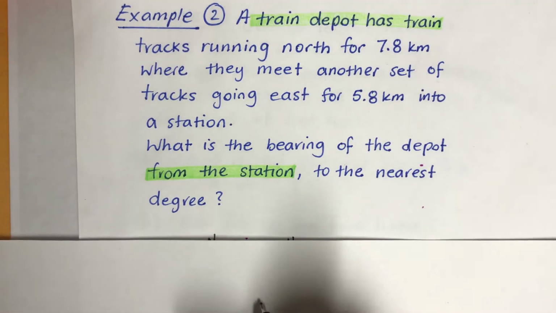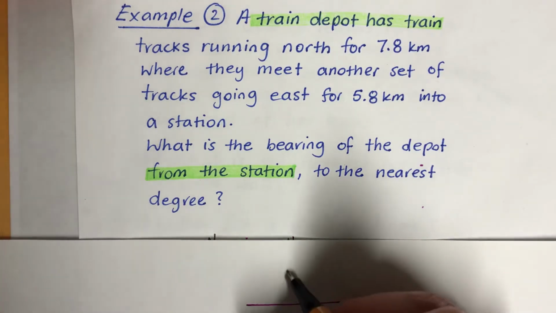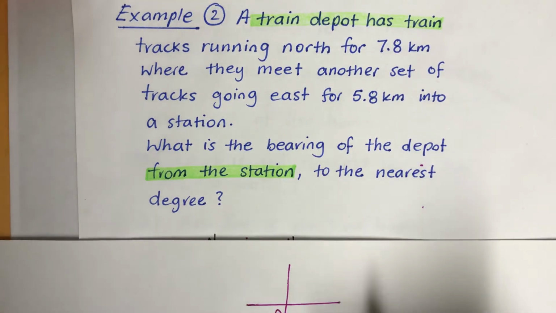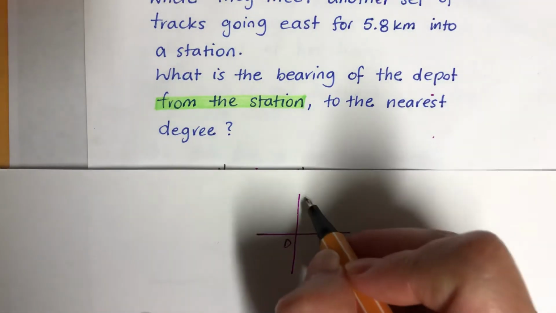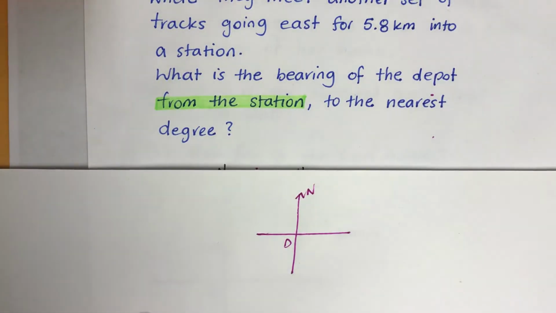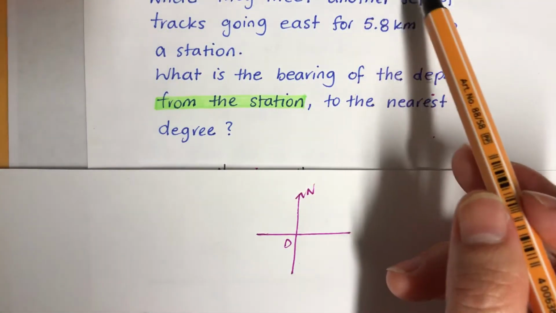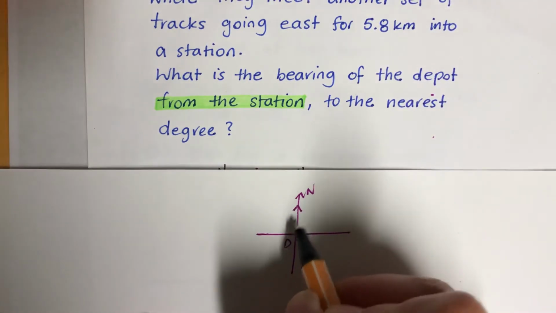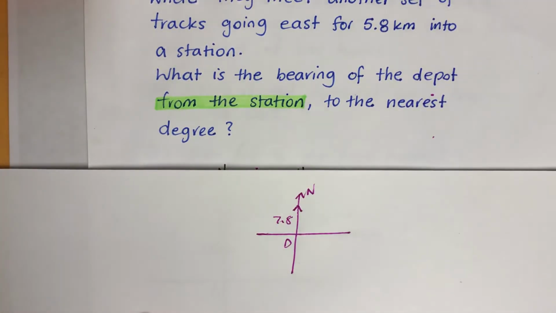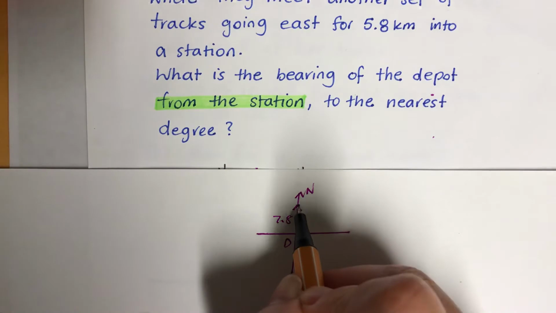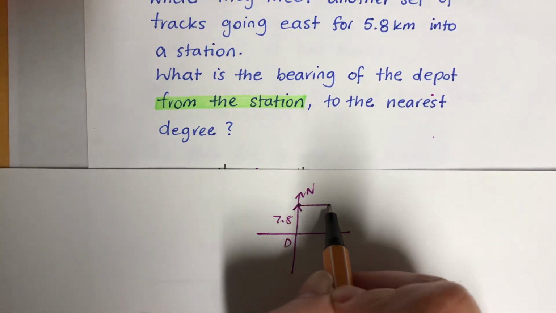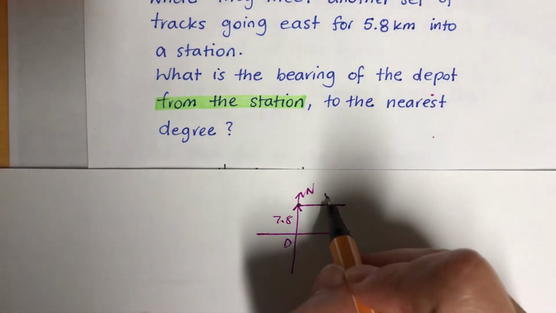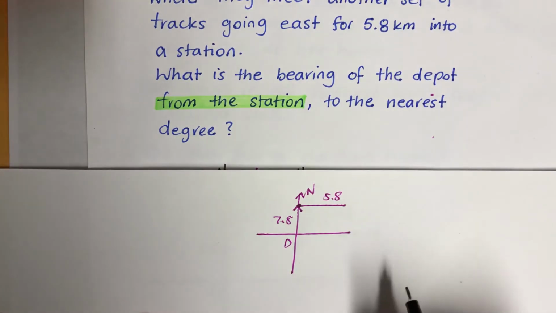So let's have a look. If I have to sketch this, okay, that's my depot. Okay, that's my north. And it says here, going north for 7.8, and then it goes to the east for 5.8 into a station.